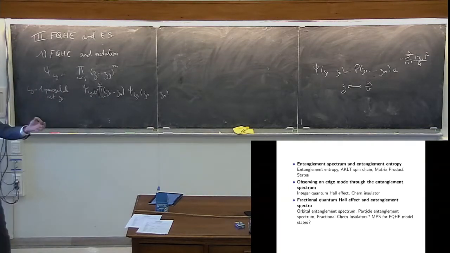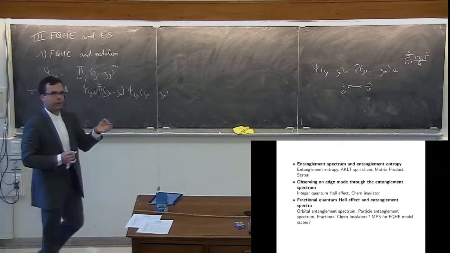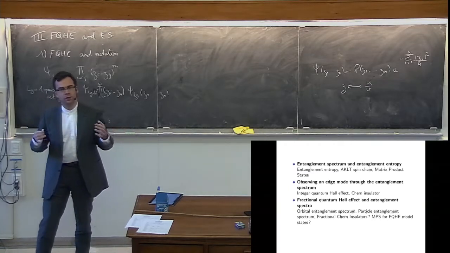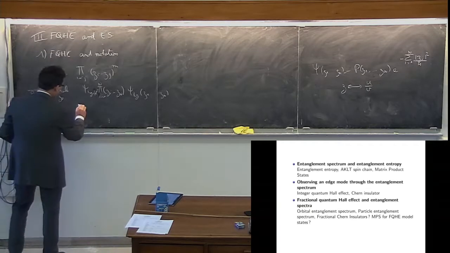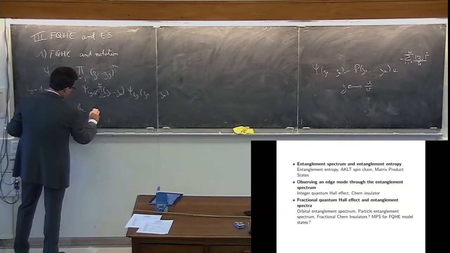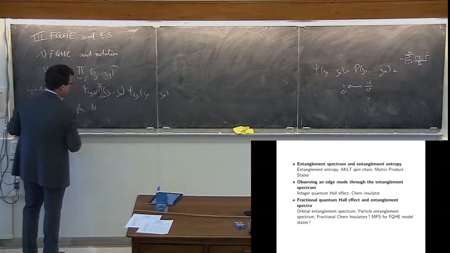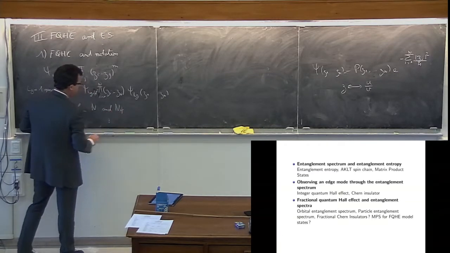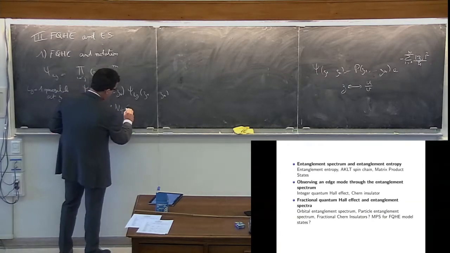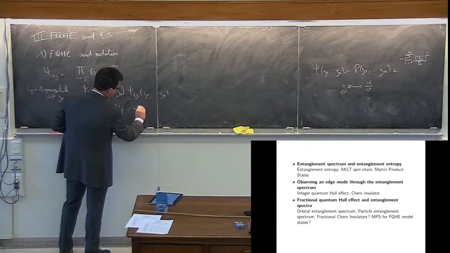So of course you're free to put your quasihole wherever you want. But if I say in my system that I have a given number of particles, so let's say you fix N and N_phi, which will be on the sphere here just m times (N minus 1).